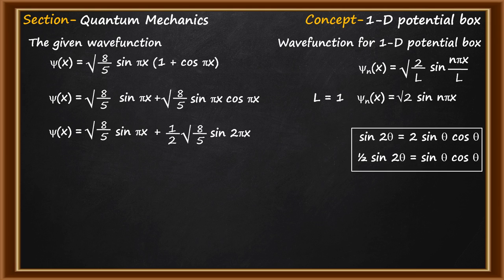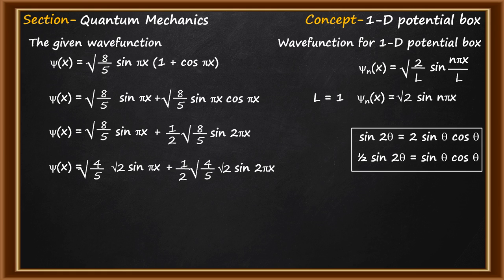So instead of square root of 8 by 5, we will write square root of 4 by 5 into root 2. So ultimately this will become psi x is equal to square root of 4 by 5 into root 2 sin pi x plus 1 by 2 square root of 4 by 5 root 2 sin 2 pi x.